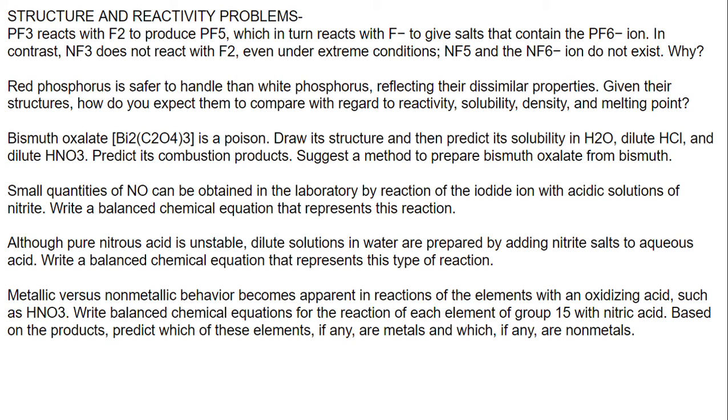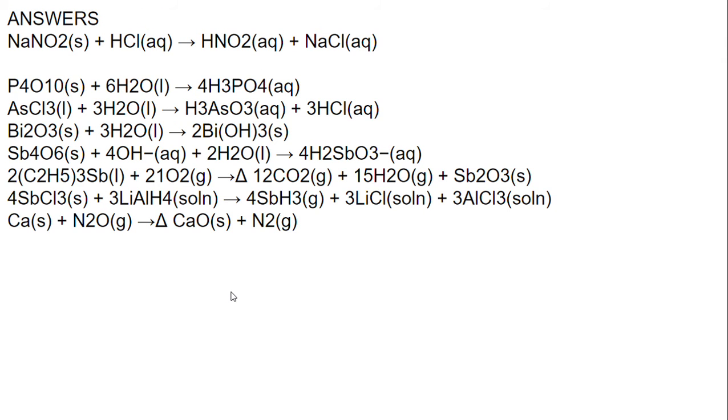These problems are larger questions related to the structure of the various elements of nitrogen, phosphorus, arsenic, antimony, and all other metals. Next, the last is completed reactions, balanced reactions of these nitrogen group elements.